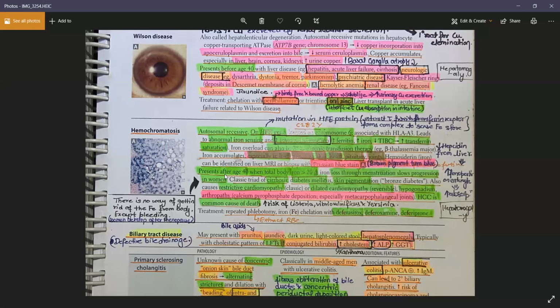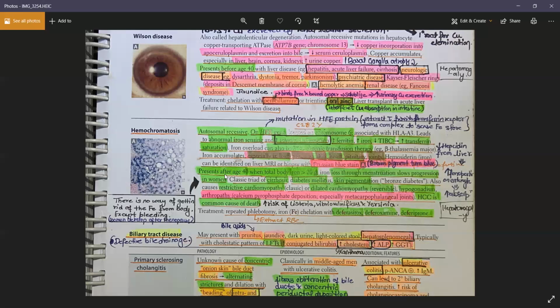Now, what are the symptoms? Symptoms are because of the deposition of the iron into various tissues, right? In case of the skin, you will be having hyperpigmentation. In case of the musculoskeletal system, you will be having a high deposition of calcium in the joints, so it can cause arthritis, and it can cause chondrocalcinosis.